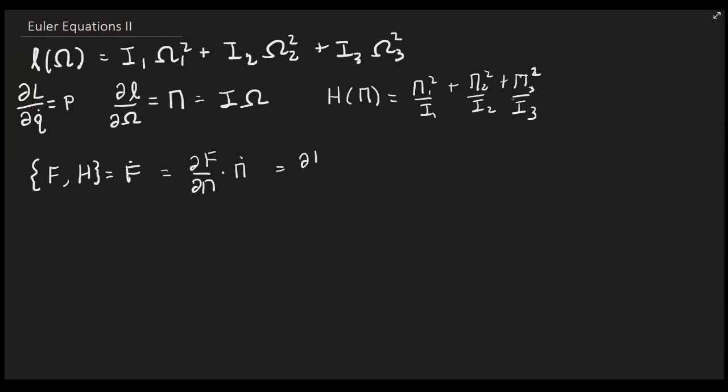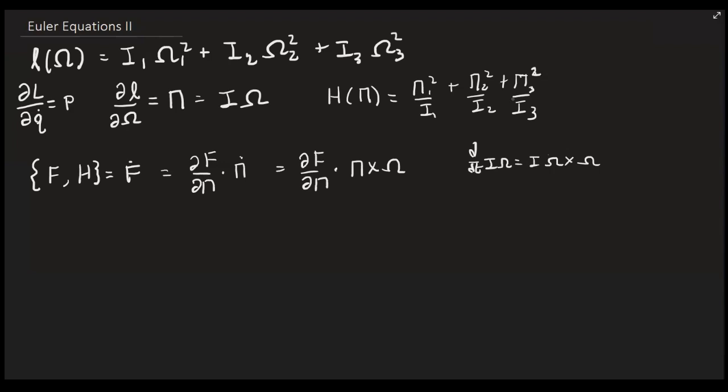This is dF/dπ dot π cross omega. And the reason, remember last time, the actual Euler equations that we got were d/dt of I omega equals I omega cross omega. And using that π is I omega, we just get that π dot is this.